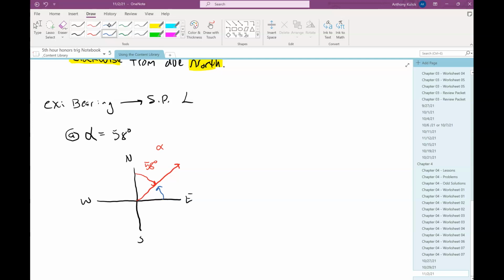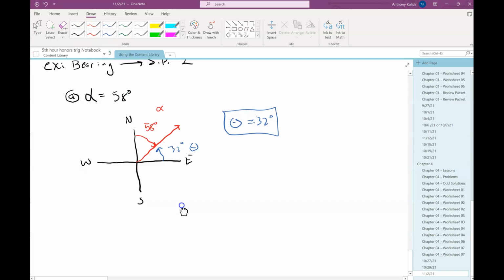What does the blue one have to be? 32. Yeah. Because we know that 58 and 32 have to be complementary, right? Because they'll make up one full quadrant. Everybody's okay with that? Okay.